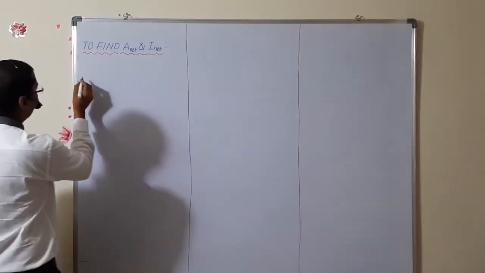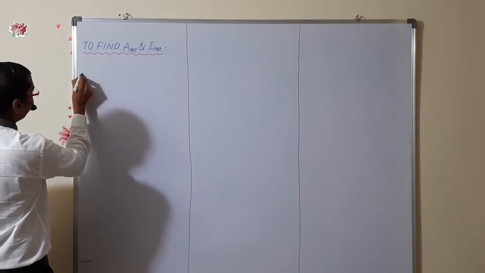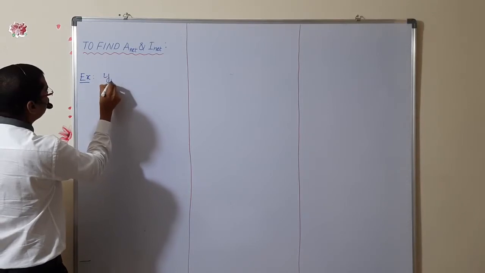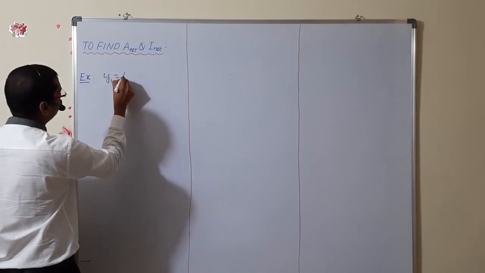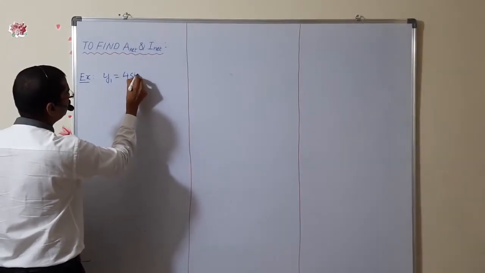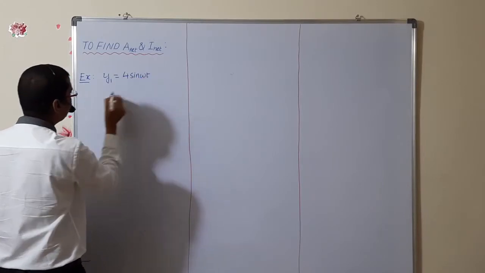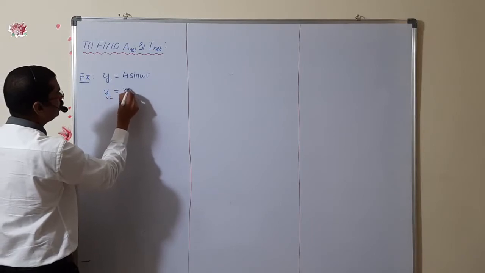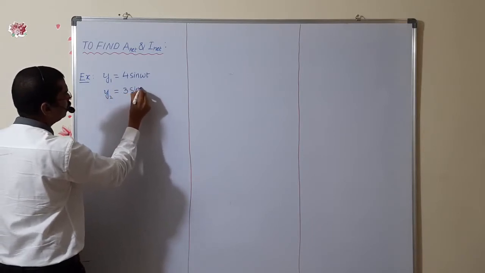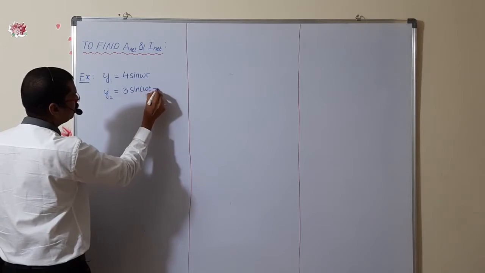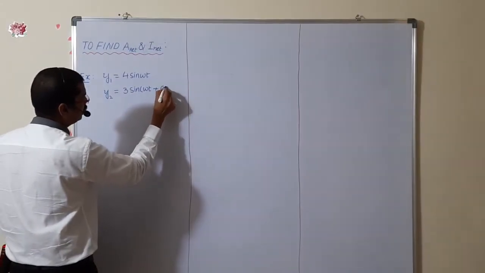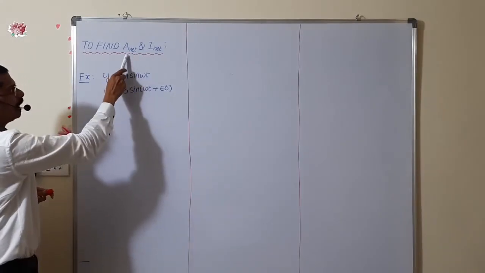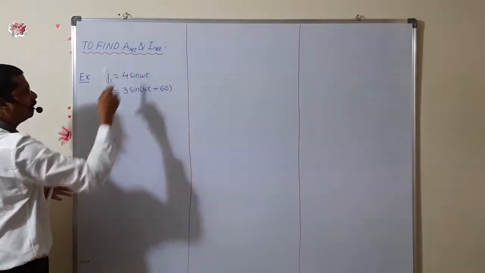First I am taking one example. Here y1 is equal to 4 sine omega t and y2 is equal to 3 sine omega t plus 60. Two waves are there. Now we have to find A net and I net. How do we find it here?